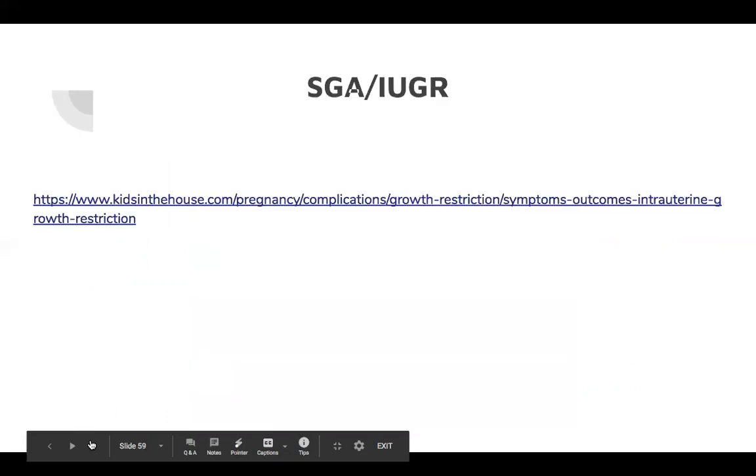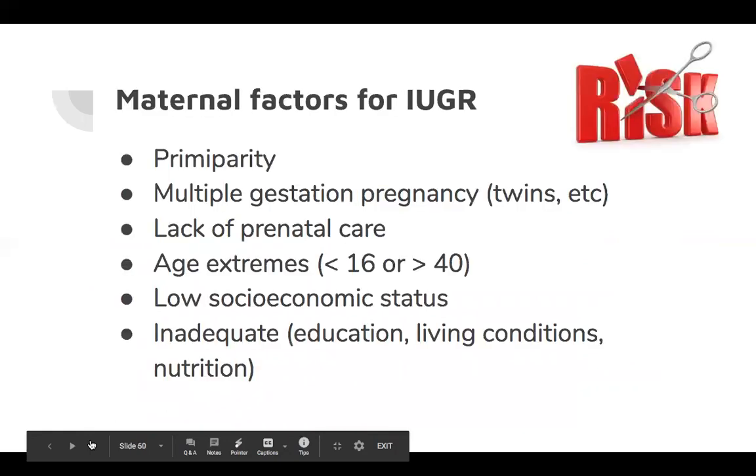Small for gestational age, or your IUGR. Your risk factors, we've talked about that before.